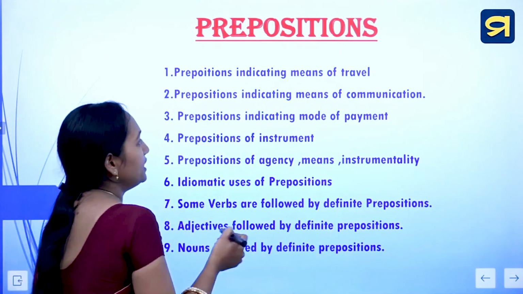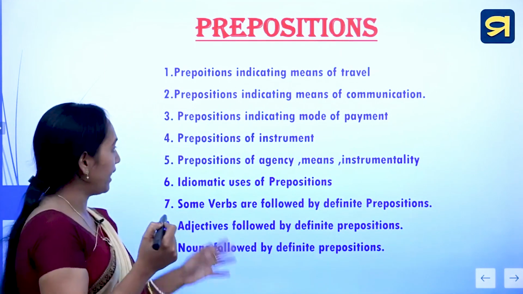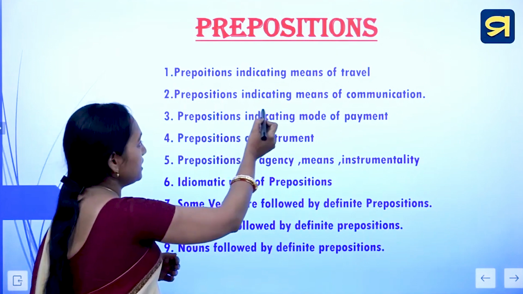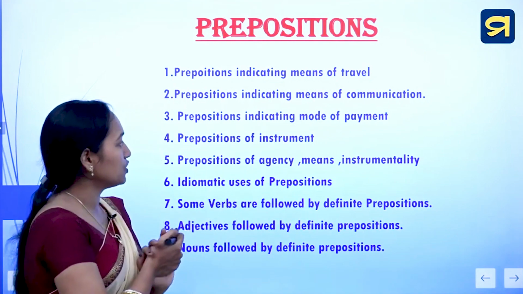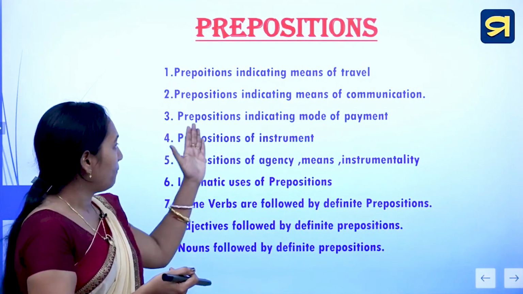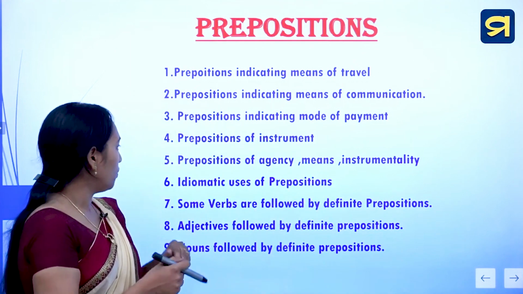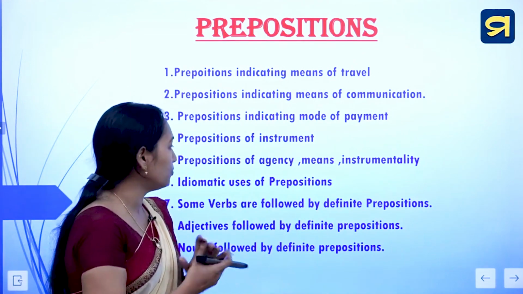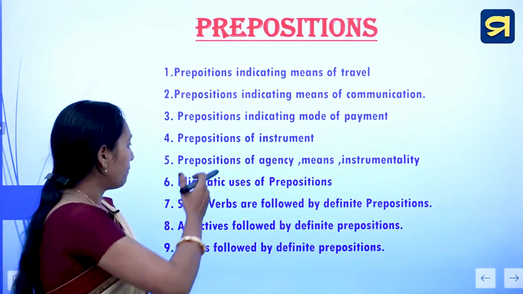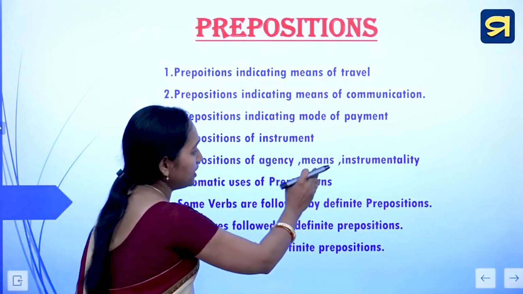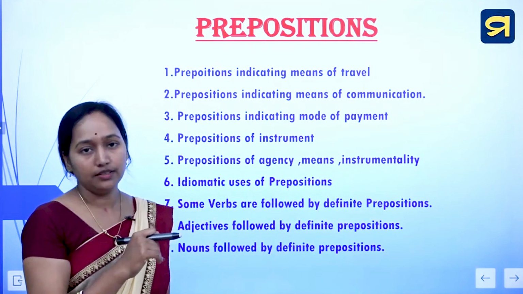Number 1, prepositions indicating means of travel. Next, prepositions indicating means of communication. Number 3, prepositions indicating mode of payment. Number 4, prepositions of instrument. 5, prepositions of agency, means and instrumentality.